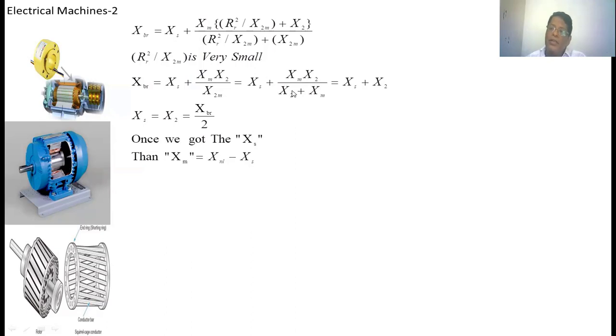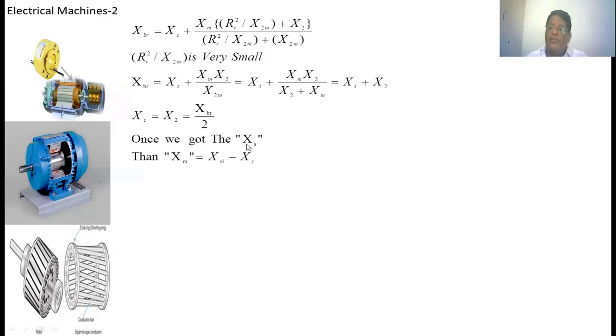The parallel combination of a small value and a large value gives a resultant small value. Generally, in an induction motor, when you refer any element, resistance or reactance, to the stator or the rotor side, almost all those values are equal. So the stator leakage reactance equals the rotor leakage reactance referred to the stator, which is equal to XBR by 2.